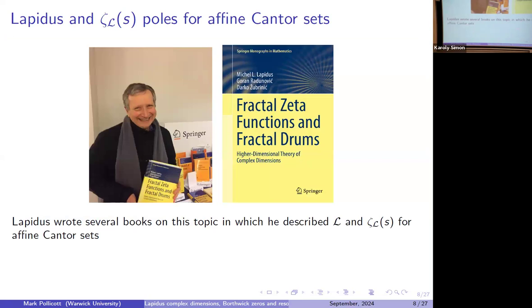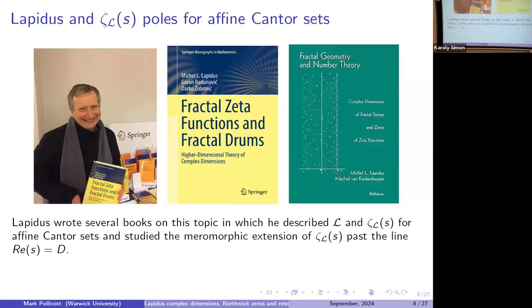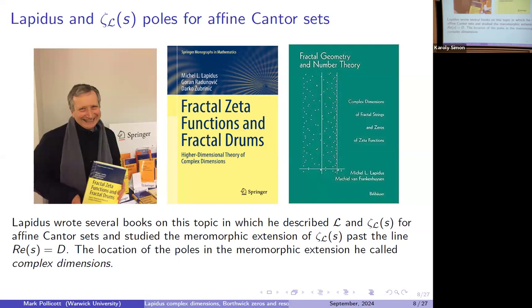Very nice yellow color. And here's a picture of another book by Lapidus and his co-author. And in this one, you can actually see the zeros on the cover. Obviously, the publisher thought it was good to put lots of dots on the cover. So here are the zeros for some particular zeta function associated to a particular limit set. And so this is a kind of illustration of these things.